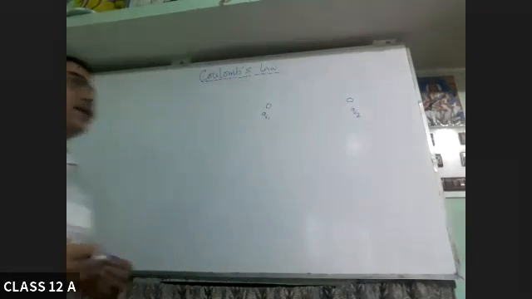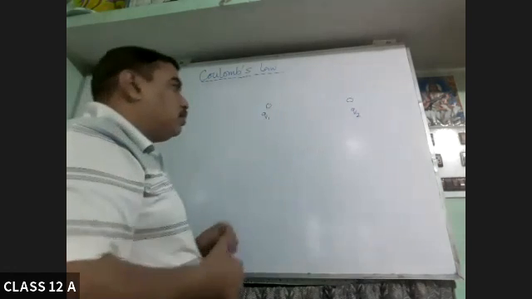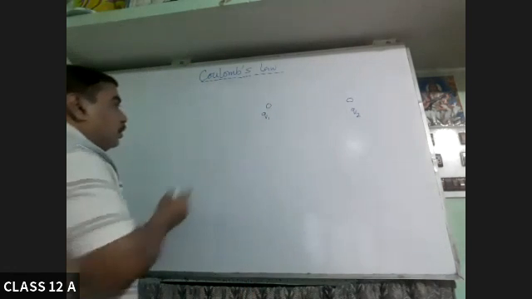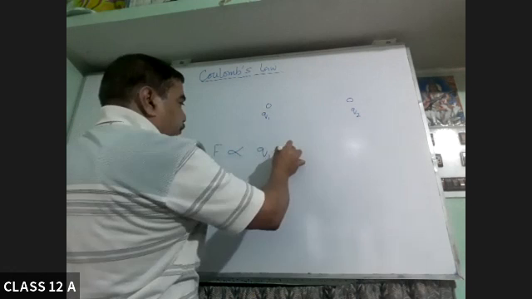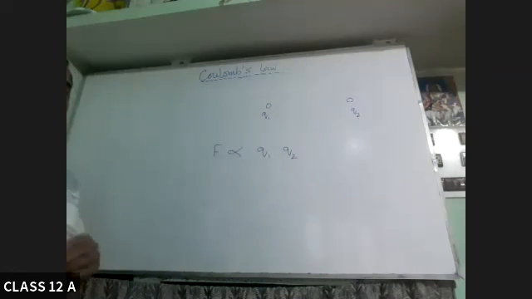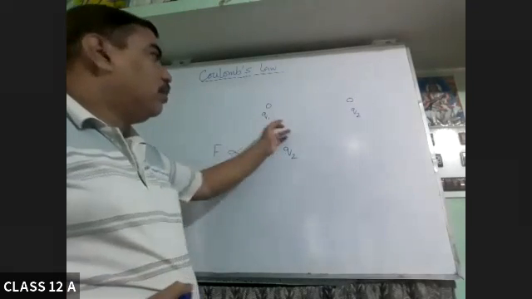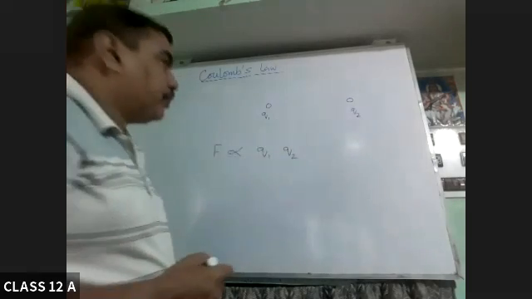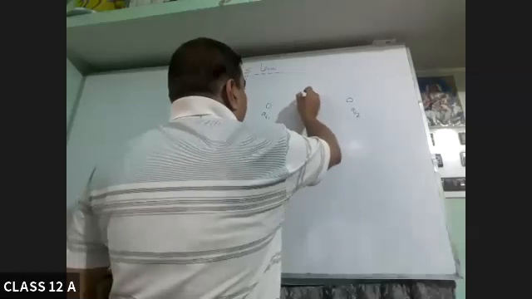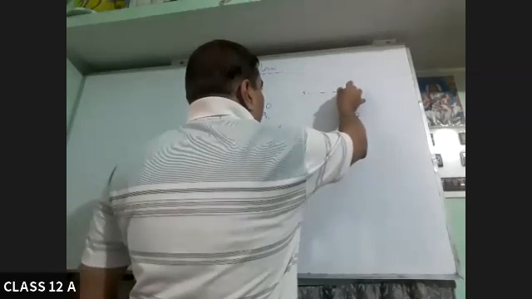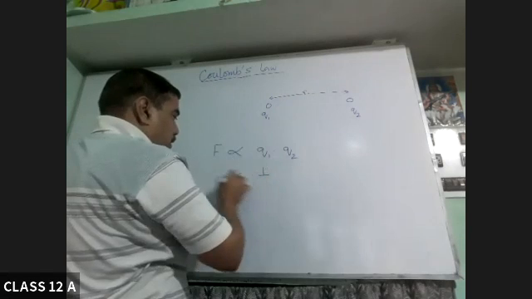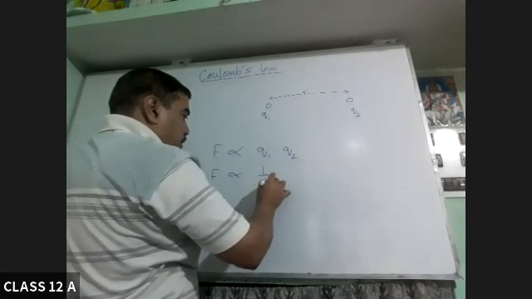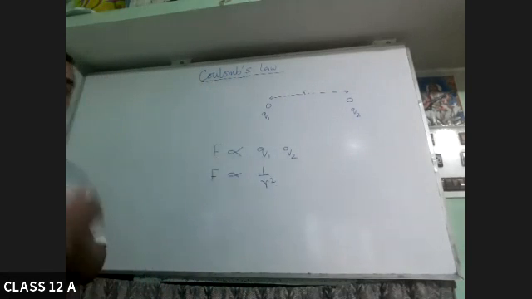so this force of attraction or repulsion between any two charges is directly proportional to the product of these two charges, and inversely proportional to the square of the distance between these two charges.